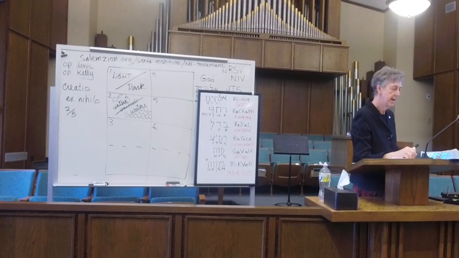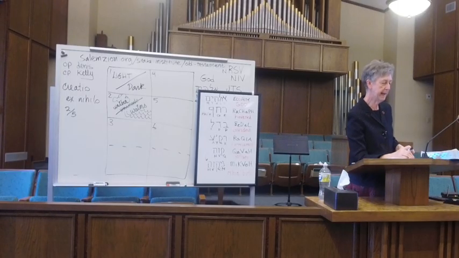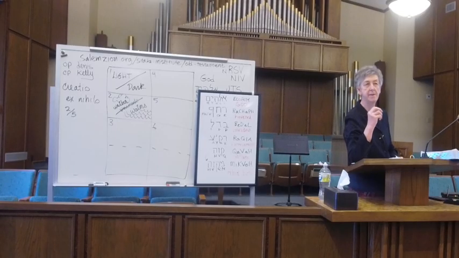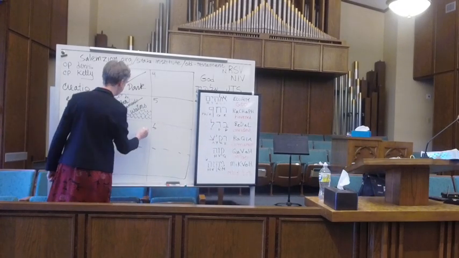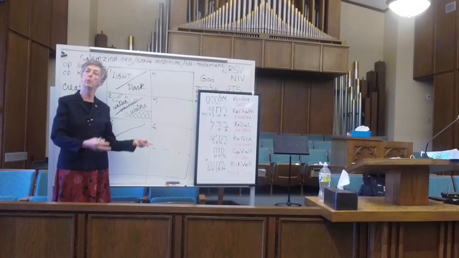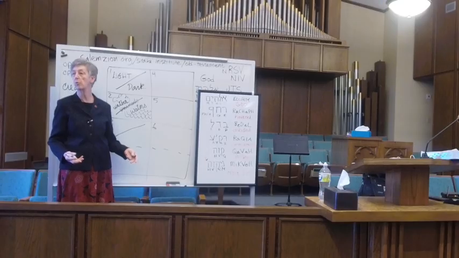Okay. Day 3. Let the waters under heaven be gathered together in one place, and let the dry land appear. Now, did he just create the dry land? No, it's already there. What he's doing is drawing the water off of the land and gathering it into one place to let the dry land appear that was under that chaotic water.